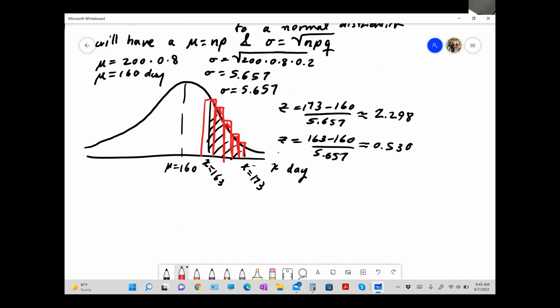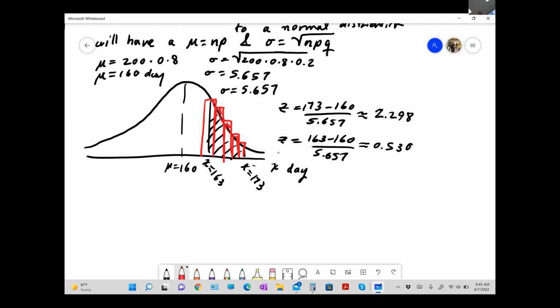So what we do, and notice what they did. When they got here, instead of using 163 and 173, they use 162.5, half over, and 173.5, half to the right.